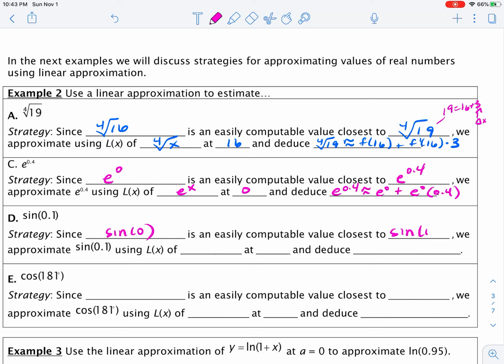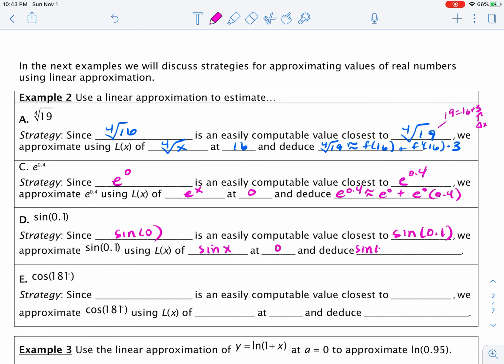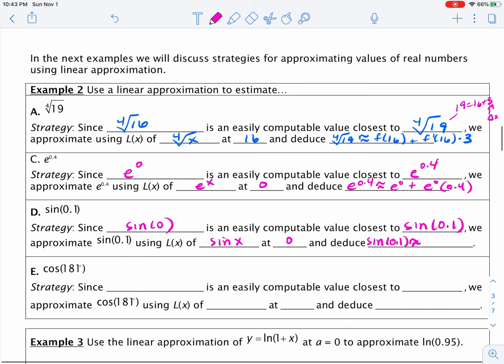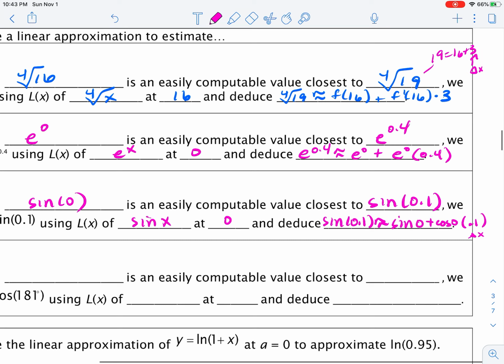So since sine of 0 is an easily computable value closest to sine of 0.1 with delta x equal to 0.1, we can approximate sine of 0.1 using the linearization of sine x at x equal to 0, and deduce that sine of 0.1 is roughly equal to sine 0 plus the derivative of sine evaluated at 0, and the derivative of sine evaluated at 0 is cosine 0, but then we would be multiplying by delta x, right?